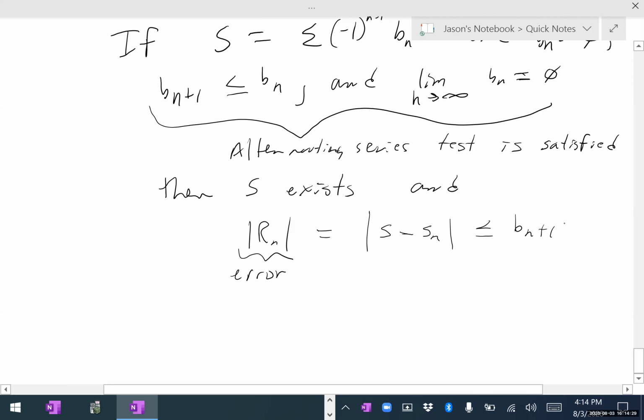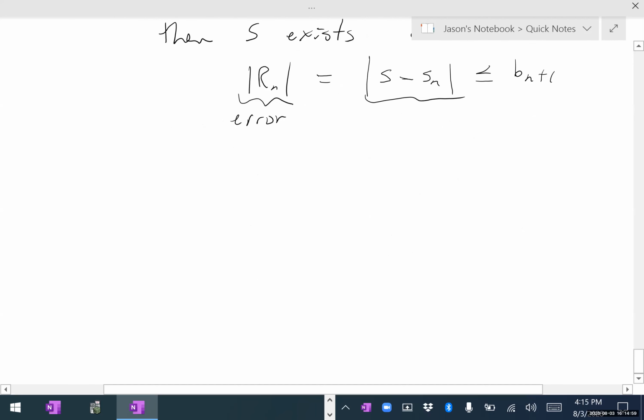So the remainder, the difference between the actual sum and the sum at a specific n, is less than or equal to the series evaluated for the next term. Okay, so let's digest that for a second. You're like, what the hell does that mean?